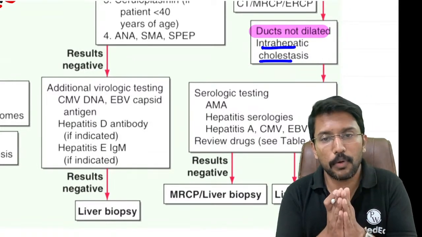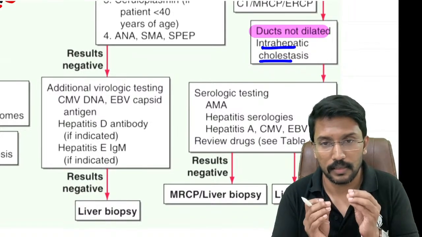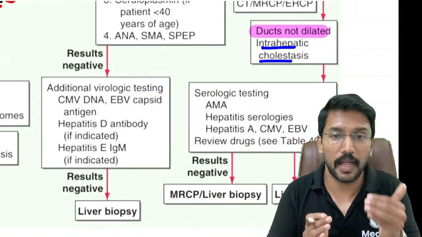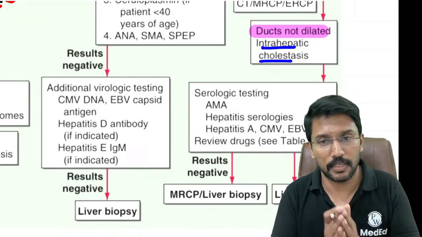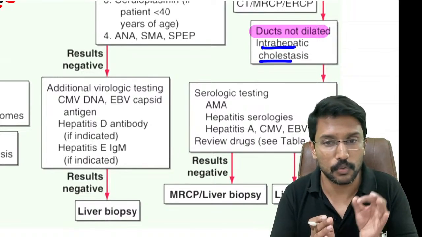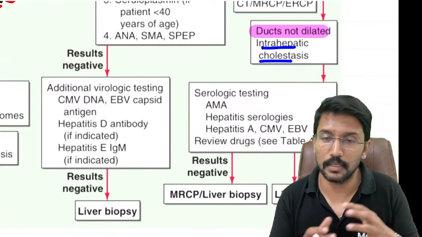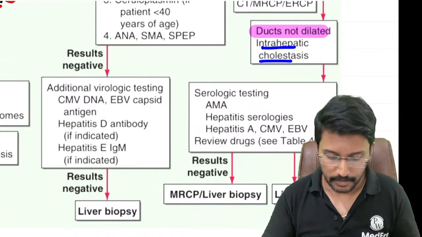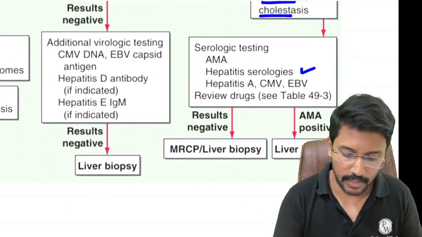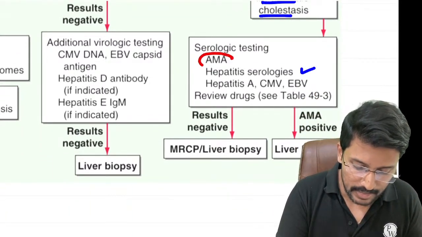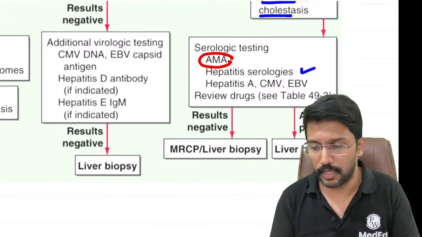The common causes for intrahepatic biliary obstruction include primary biliary cholangitis or primary biliary cirrhosis, PBC, right? The other differential diagnosis includes chronic hepatitis. That is why we do hepatitis serology and we do this test called anti-mitochondrial antibody or AMA, right?